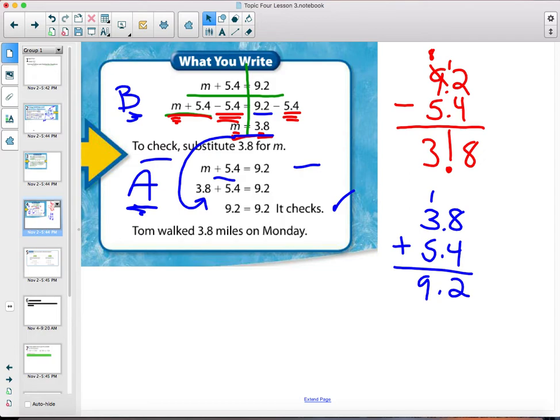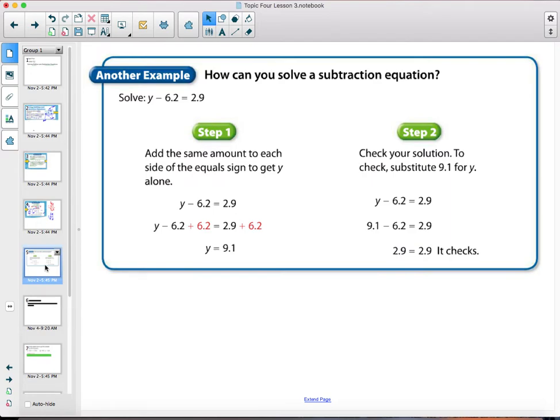So, they then give you another example of how you can solve subtraction equations, and they give us the equation y minus 6 2/10 equals 2 9/10. The first step is to get the variable by itself by using the inverse operation.